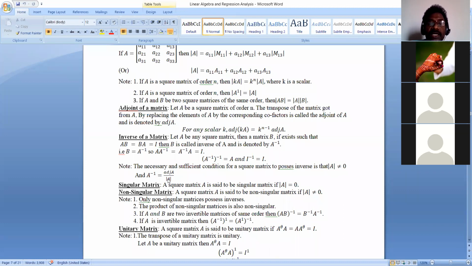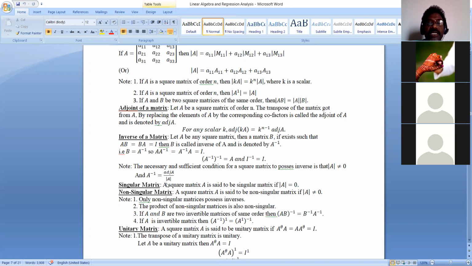So if you want to find A inverse by the traditional method, first of all we obtain the adjoint of the matrix. Adjoint of a matrix is the transpose of the matrix with its entries replaced by the corresponding cofactors. Then what about the determinant?